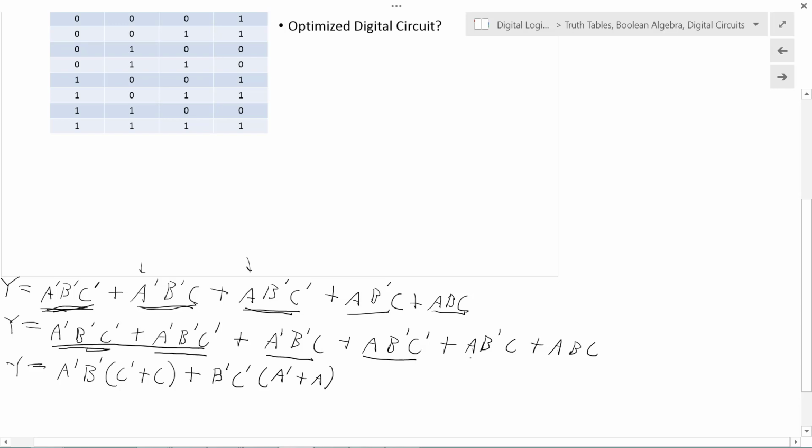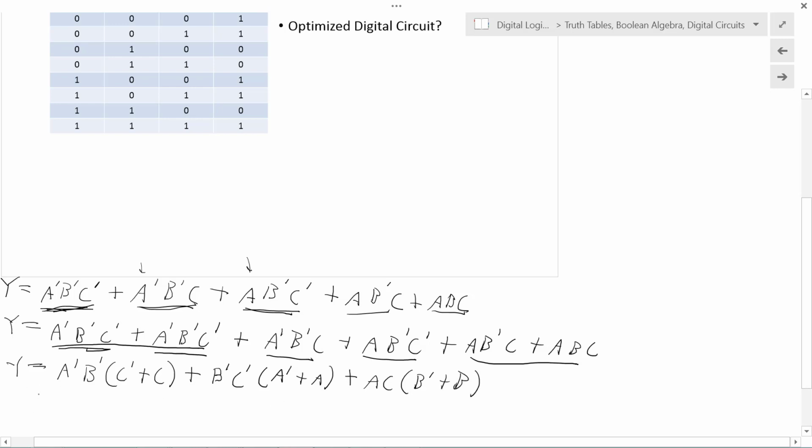We can now copy these remaining terms here. Notice that we can factor out an A and C from both of these terms as well. So we get A and C ANDed with B prime or B.